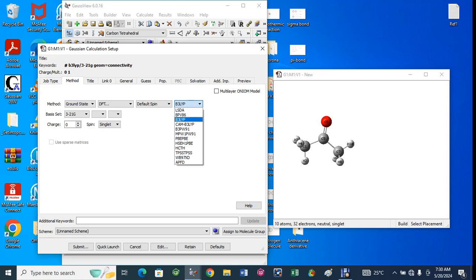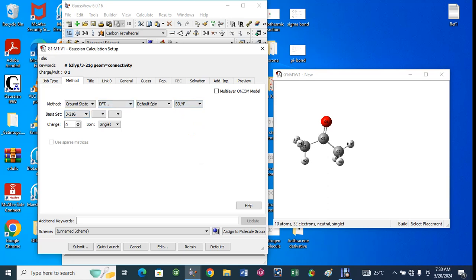The one beneath is the least correct, or the one that is far away from the correct value. So B3LYP is on top of the pyramid, very close to correctness. The approximations are quite in conformity with almost experimental values. So most of the time we use this B3LYP to carry out the calculations.